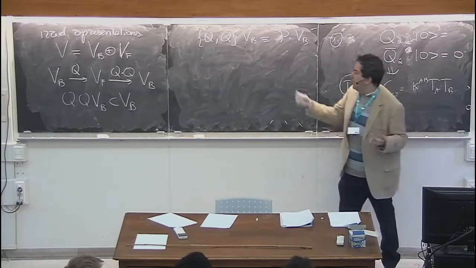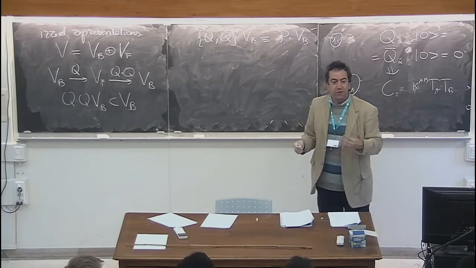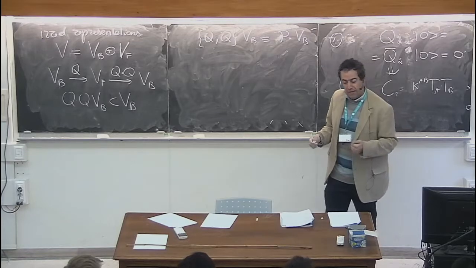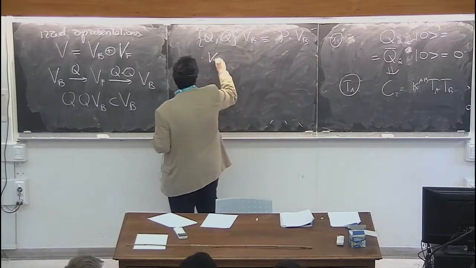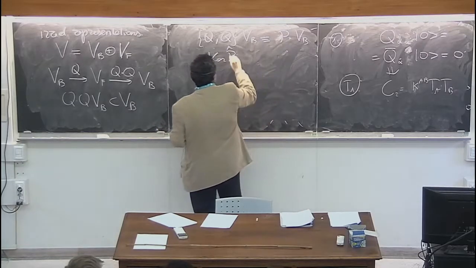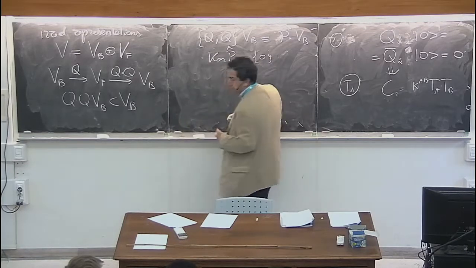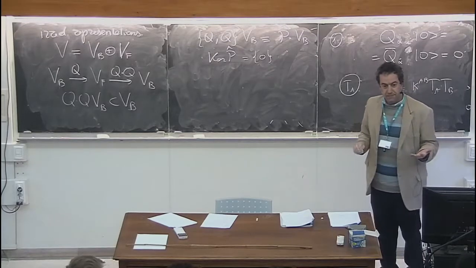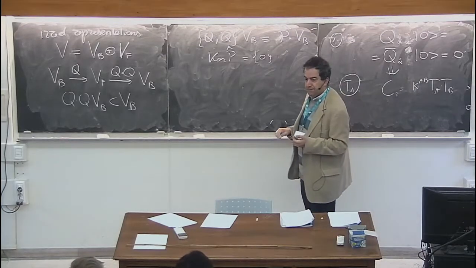So P has a free action, namely there's no state which is invariant under the action of P. As a consequence of this, the kernel of the operator P is trivial, consists of the only null state. This means that P is injective.